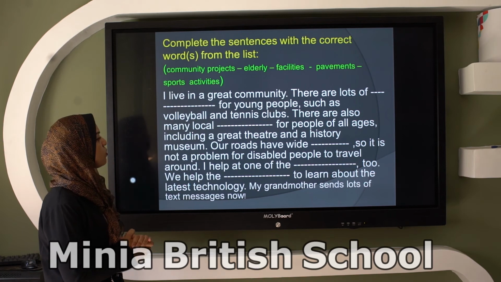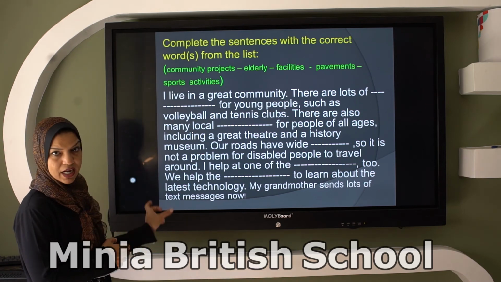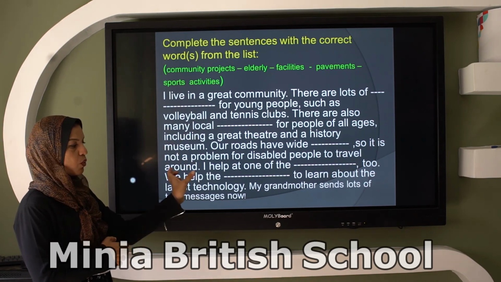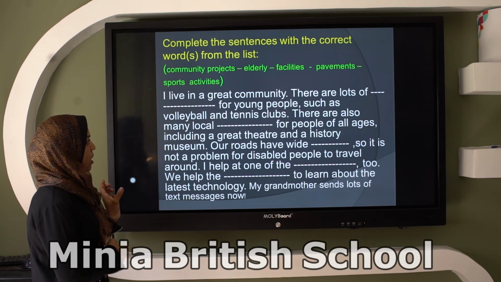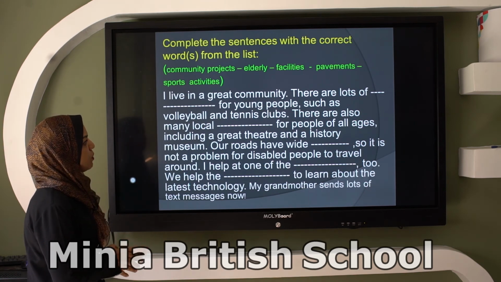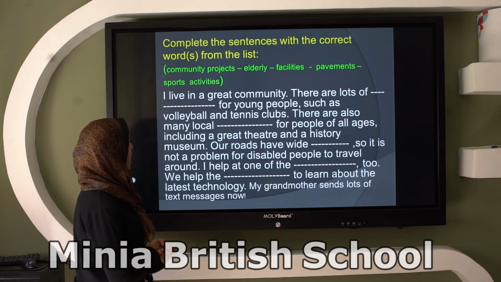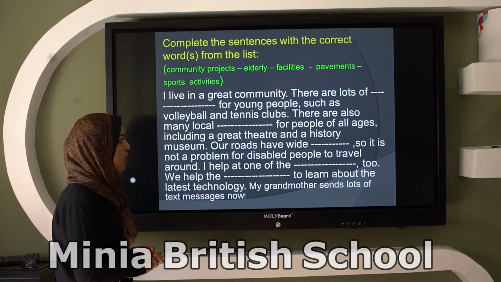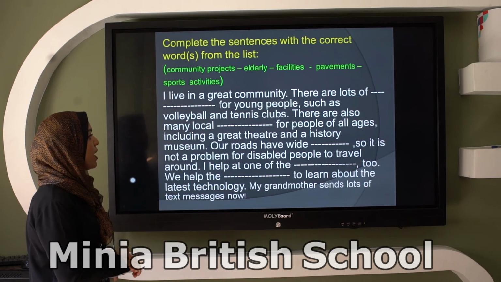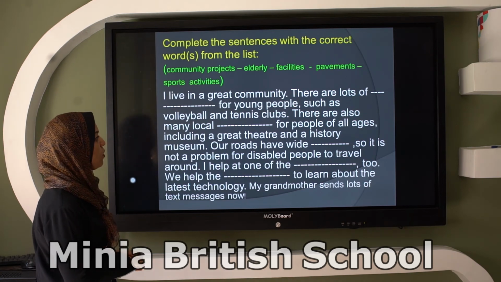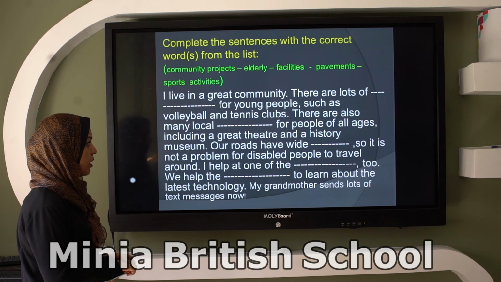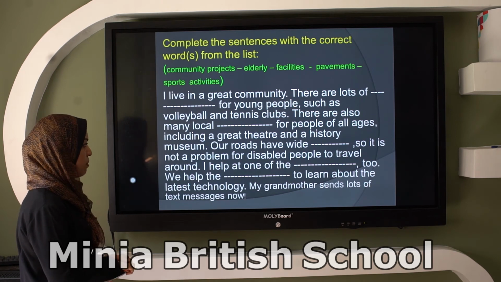Now let's find out. Let's read the whole text and then try to put the words where they should be. I live in a great community. There are lots of spaces for young people, such as volleyball and tennis clubs. There are also many local spaces for people of all ages, including a great theater and a history museum.